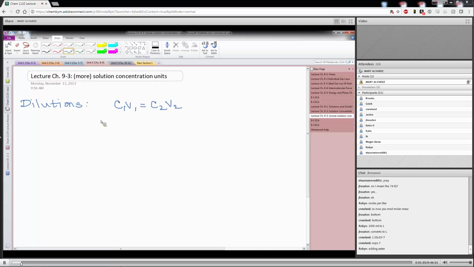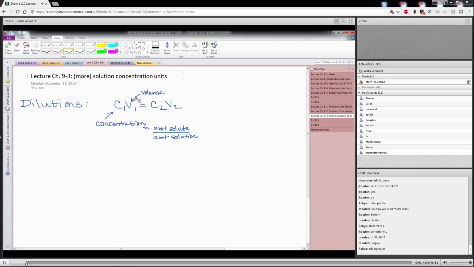C2V2, where C stands for concentration, so your initial concentration, and V stands for volume. So your initial concentration times your initial volume will be equal to your final concentration times your final volume. Now this should actually make sense, because remember, concentration is always in units of amount of solute divided by amount of total solution, right?